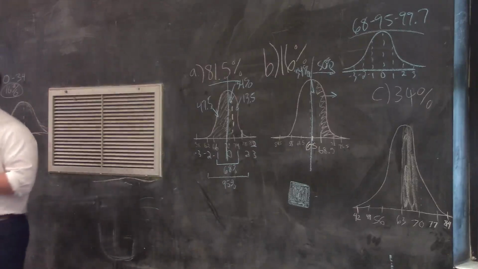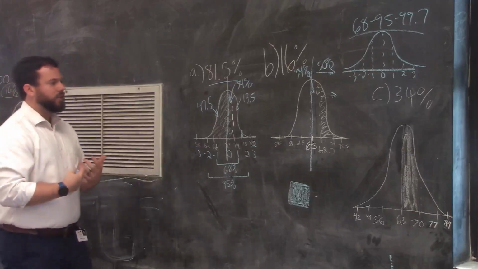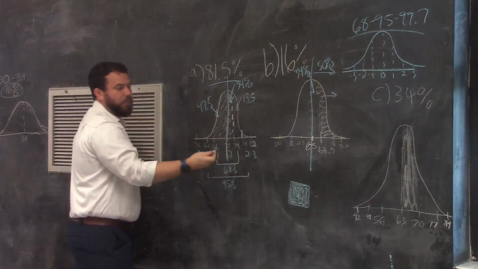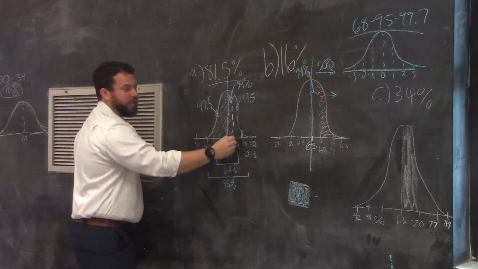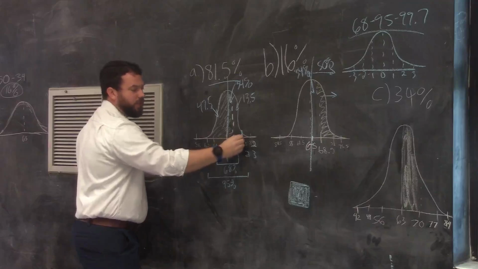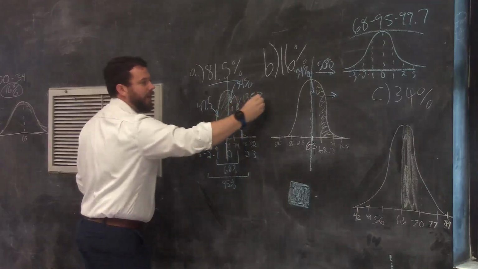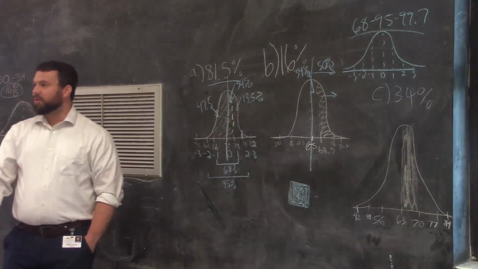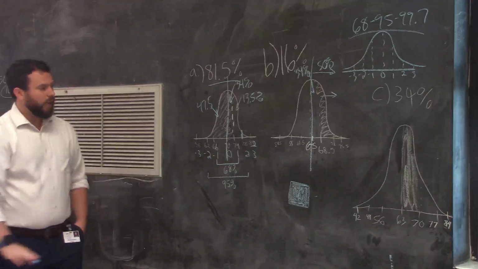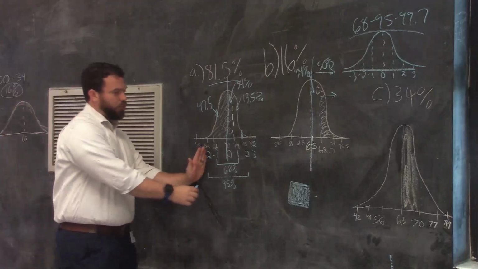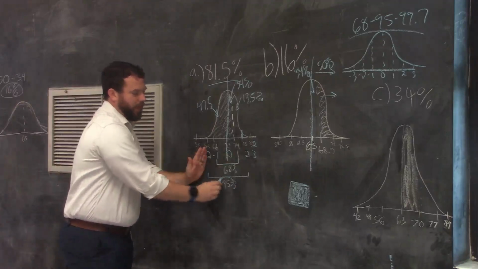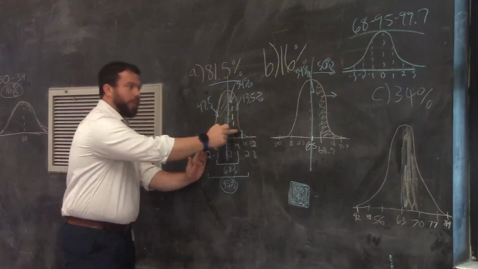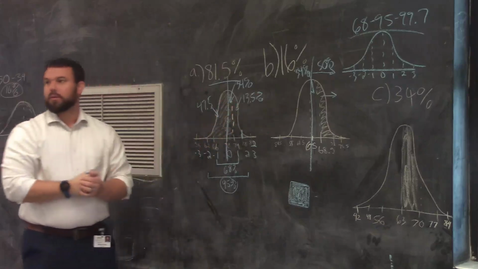And so I will say this, some of us are remembering some details, like here, some people have found out and just remembered that between 1 standard deviation above and 2 standard deviations above is 13.5% of the data. And I can show you where that comes from. Or you can just memorize it. But, and so notice, like if I want 2 below to 2 above, how much data do I have? 95%. And then I don't want this, so I take it away.